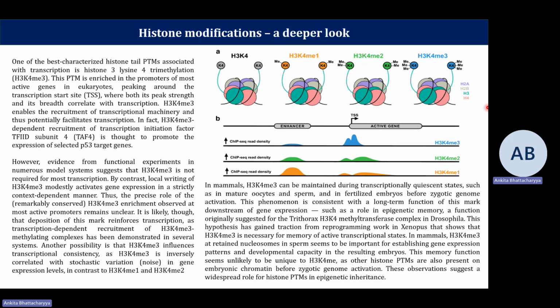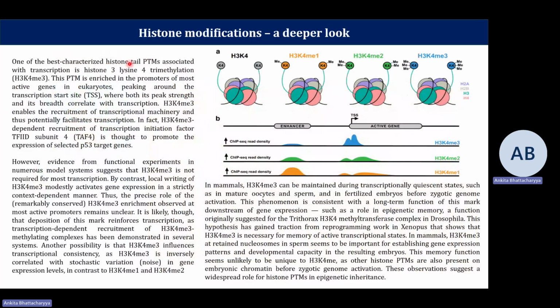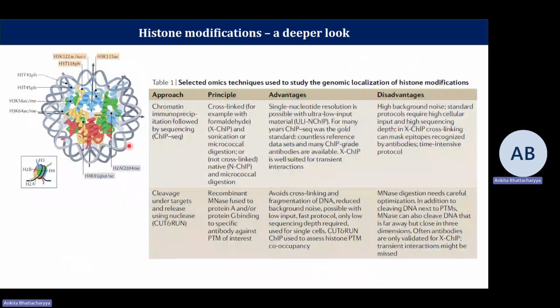Again, you can revisit that to brush up the basics, but each of them has a different role to play. The enrichment of each of these PTMs is quite different. For example, H3K4me3 is enriched in promoters of active genes, and it helps recruit the transcriptional machinery and is an active mark, which is surprising considering that methylation is usually considered to be repressive in nature. So again, that brings us back to the fact that it's not as transparent as we might think, and there are subtleties which need to be addressed.